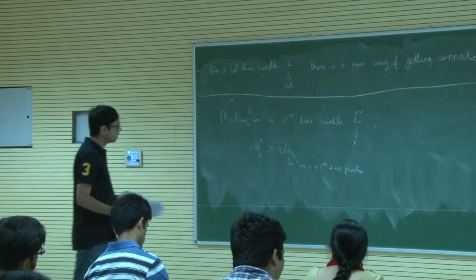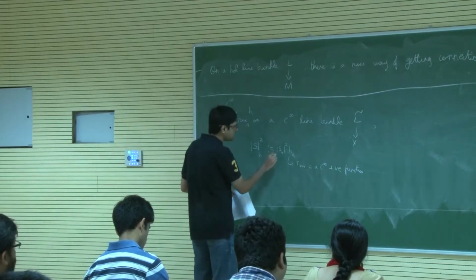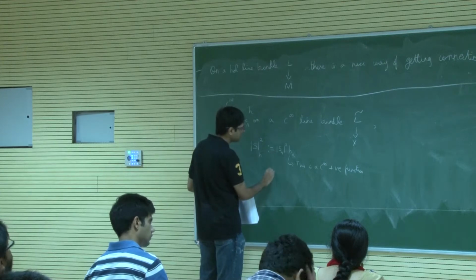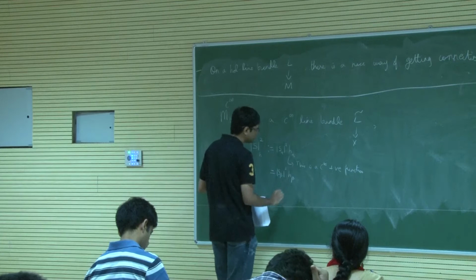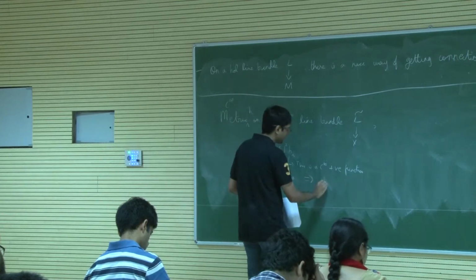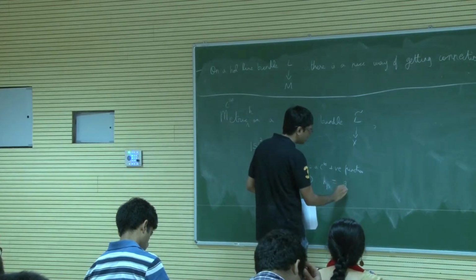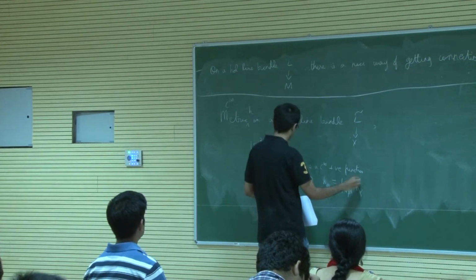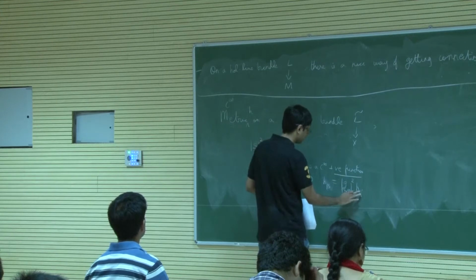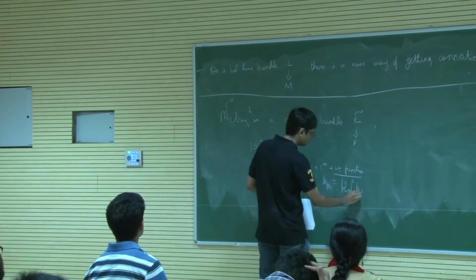Scale it up. And if this has to be independent of the trivialization, this better be equal to s beta squared times h beta, which means h beta should be mod g alpha beta squared h alpha.